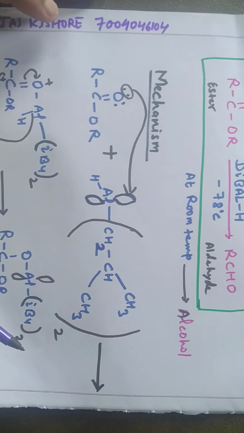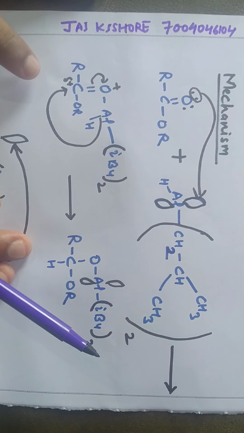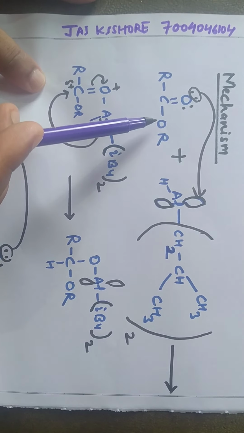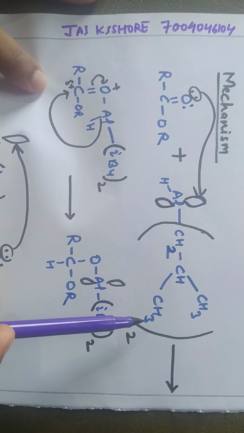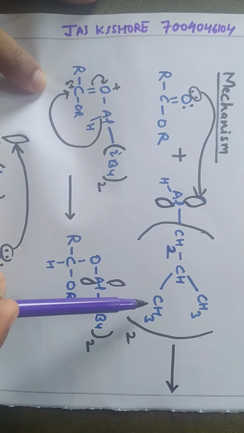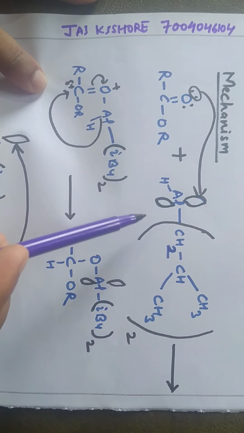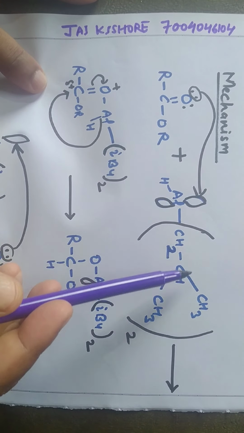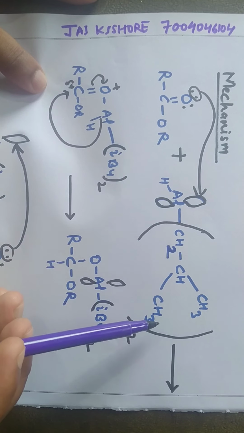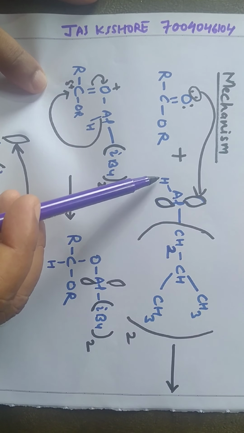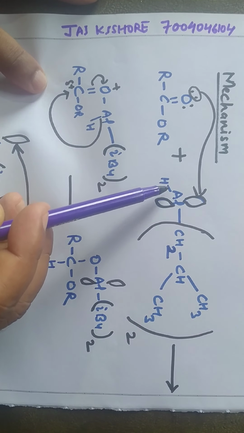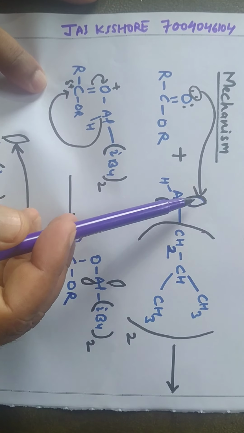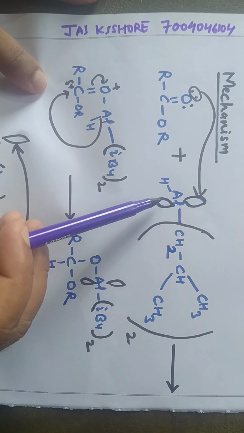Now the mechanism. Here you can see that this one is an ester and this one is DIBAL-H. This one is the di-isobutyl group, aluminum and hydride. So aluminum is bonded with three bonds and one bond is vacant here.